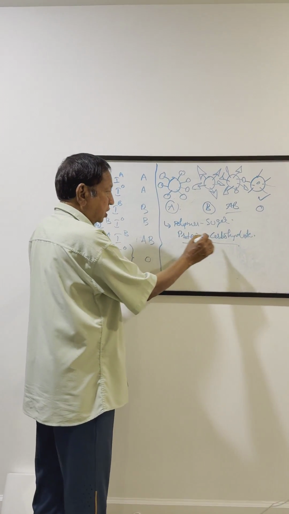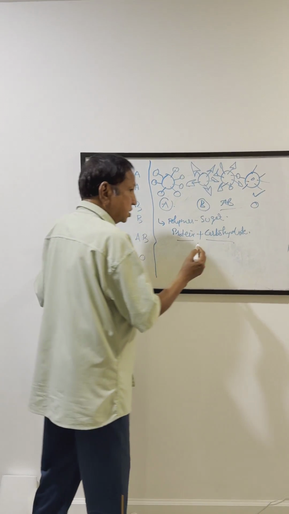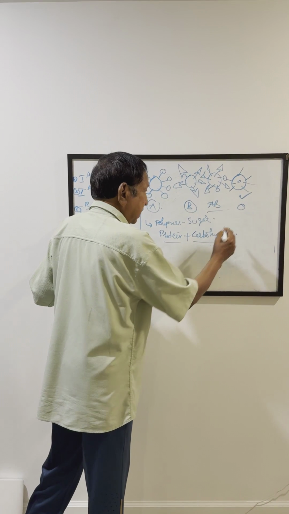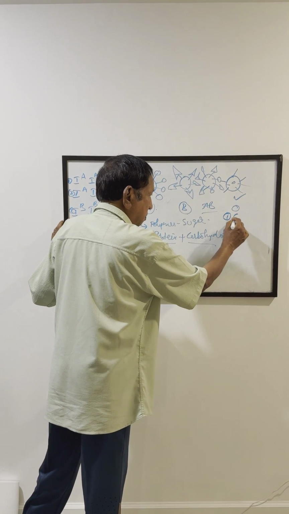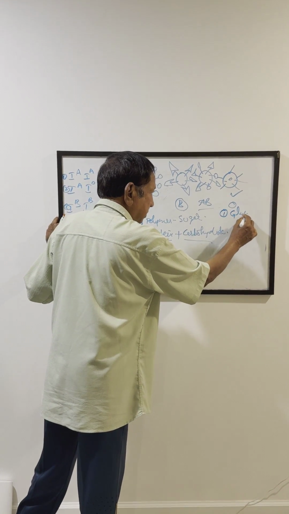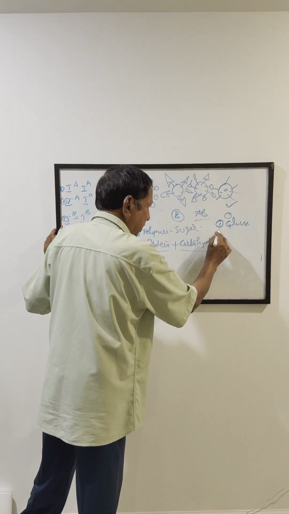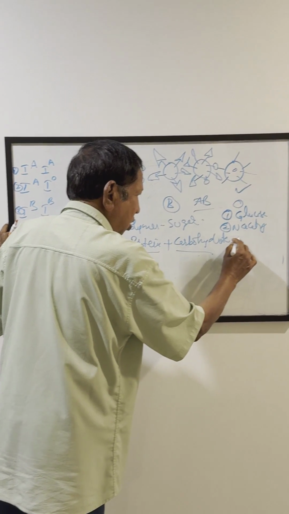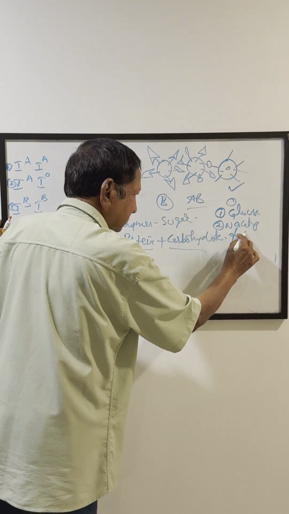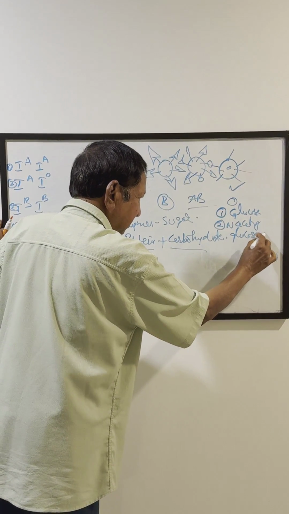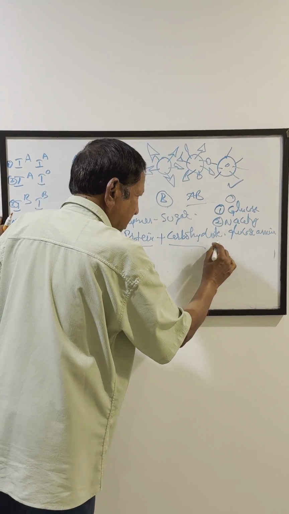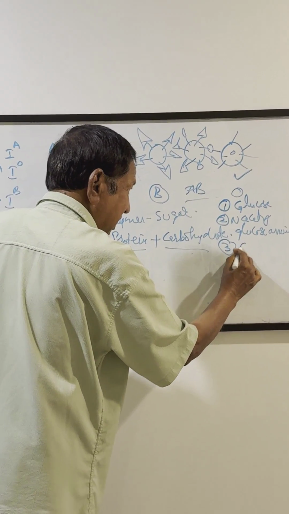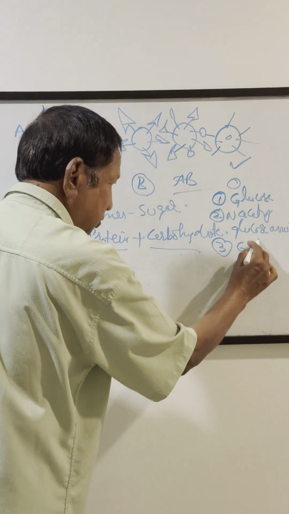In this particular protein, I write the sugar molecules. Number 1 is glucose. The second one is N-acetyl glucosamine. The third one is galactose.